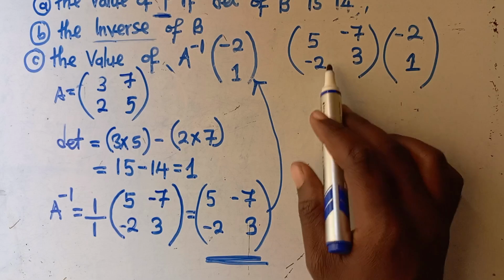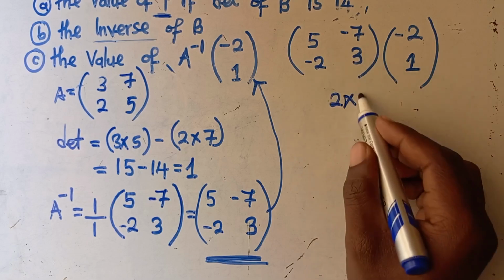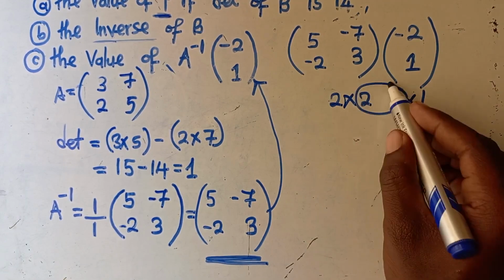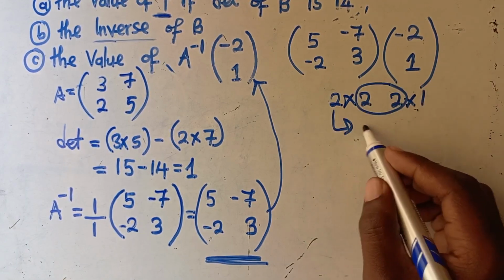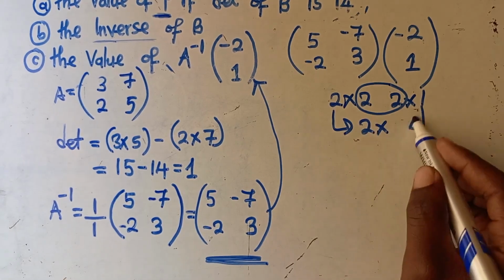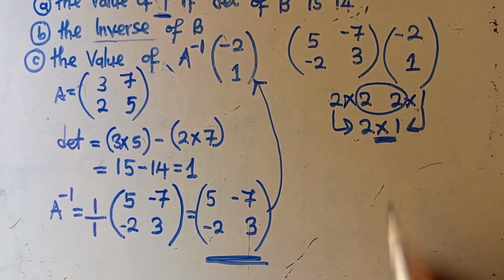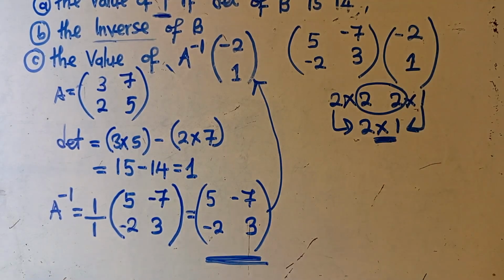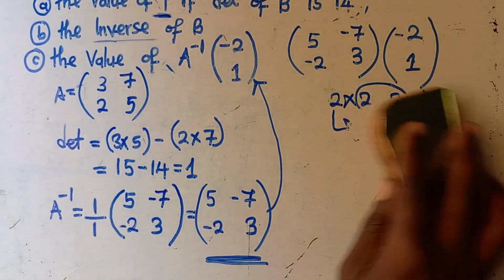This one that is here is a 2 by 2. This is a 2 by 1. So the answer that I'm going to get is a 2 by 1. So an answer will have the same order.